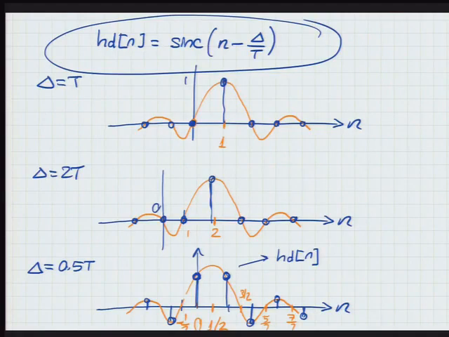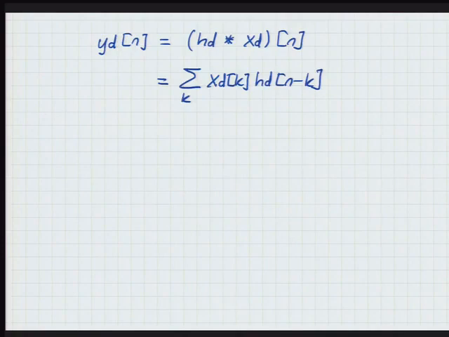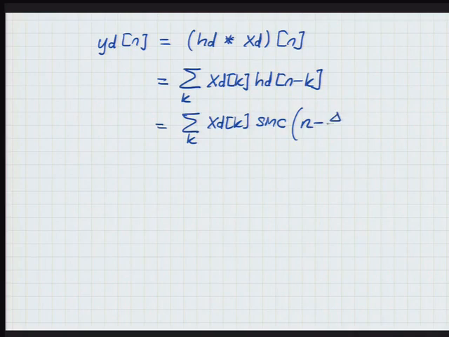So I'm going to shift that by k. And we write it. So we have the sum over k, XD of k, sinc of n minus delta by T minus k. All right? And this XD, remember, are just samples of x. These are x of kT.